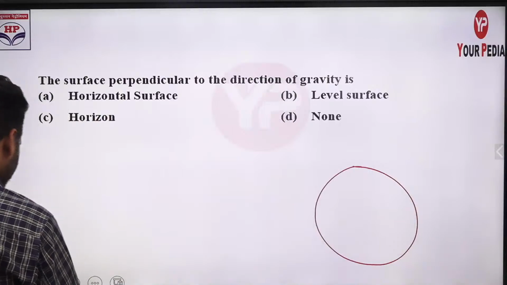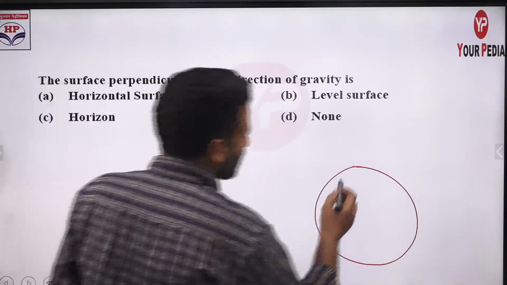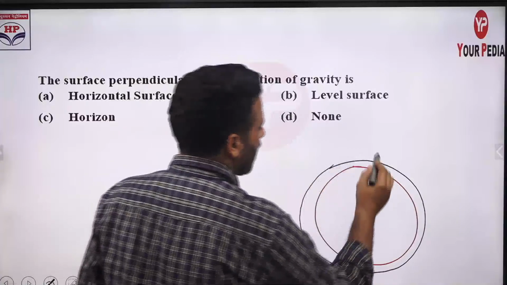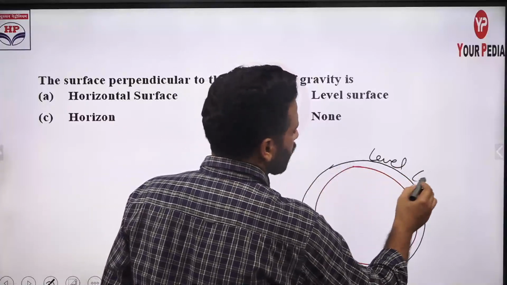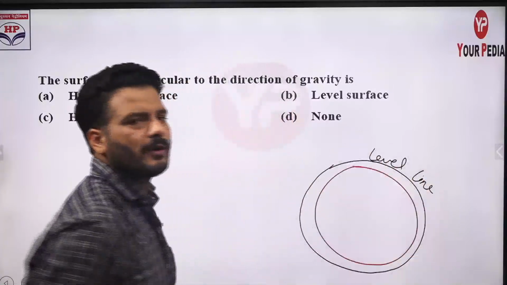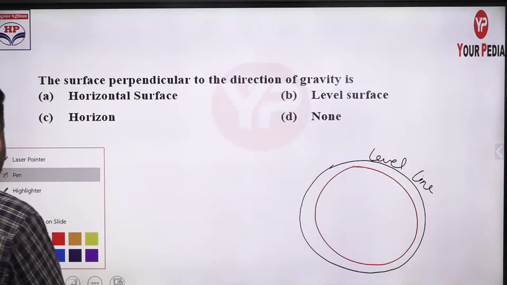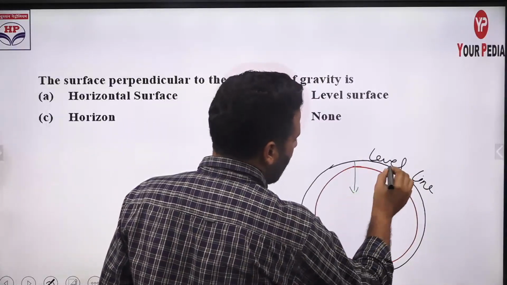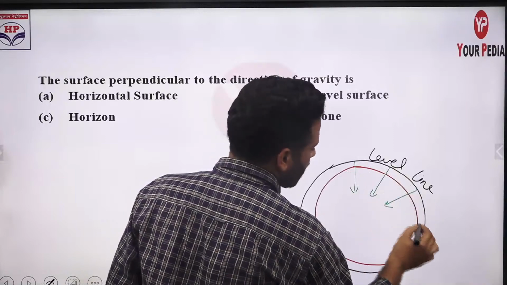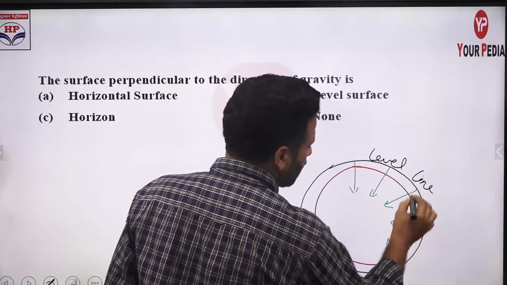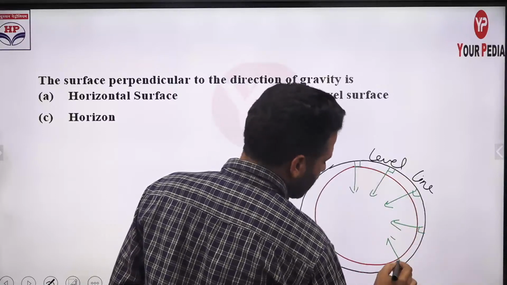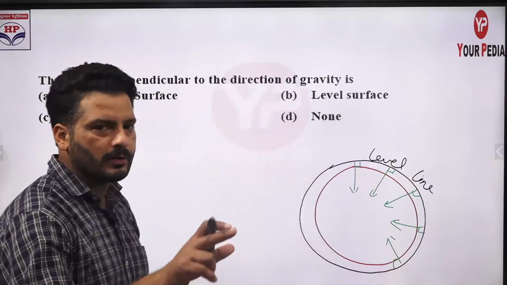The line which is parallel to the earth's surface is your level line, and if you are talking about a surface, this will be your level surface. And when we draw the plumb bob or gravity line, it is always perpendicular to the level line. Have a look at this, guys. The level line and the gravity line will always be normal to each other.